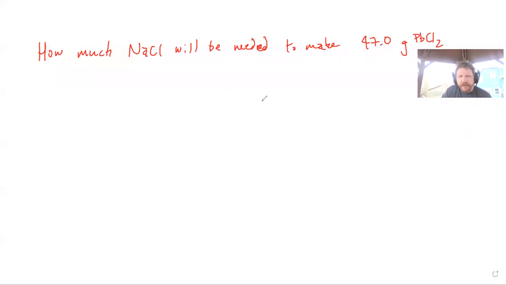Effectively, what you've got here is a reaction, and one of your products is PbCl2. One thing that I think is a good exercise is to think about what that compound is. PbCl2 is lead chloride. That lead chloride is coming from NaCl, or sodium chloride, plus Pb2+ ions, because the question says there's excess Pb2+ ions in that solution.